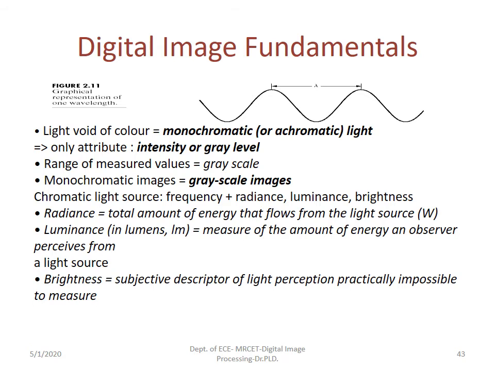Radiance is the total amount of energy that flows from the light source. Luminance is the measure of the amount of energy an observer perceives from that light source. So just know the difference between radiance and luminance.